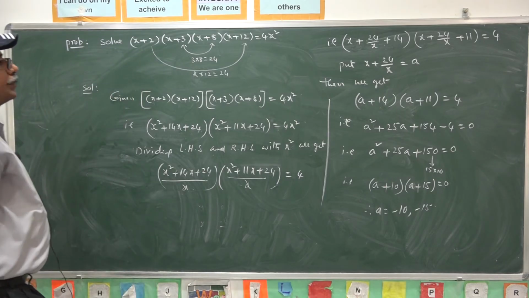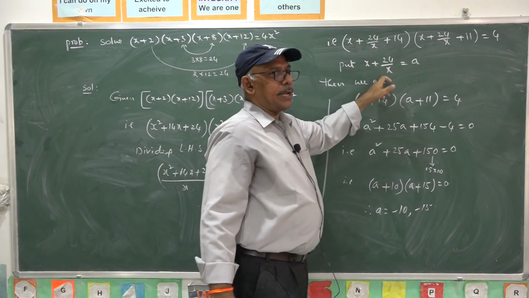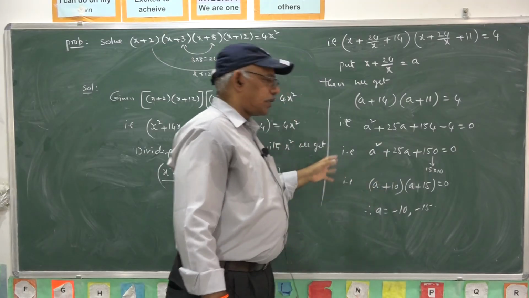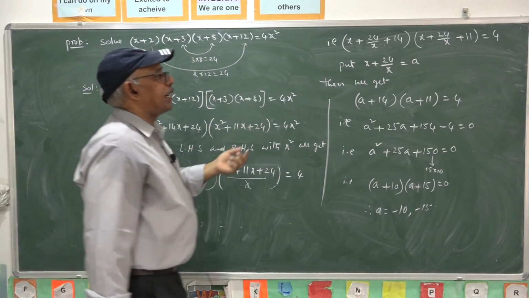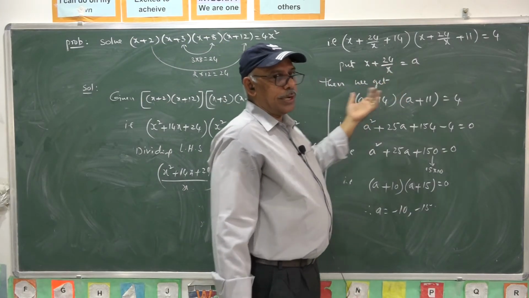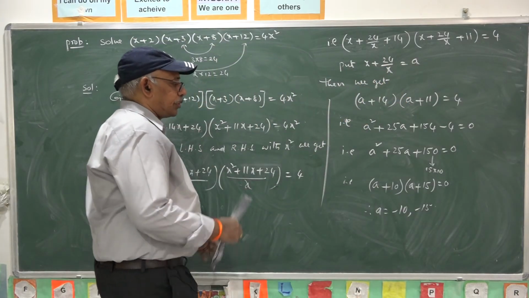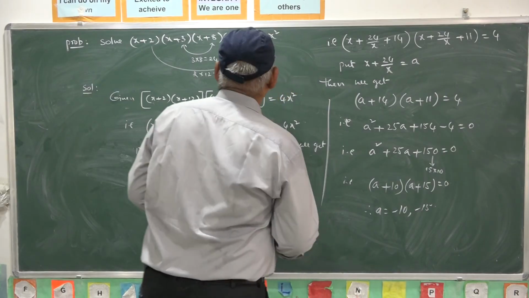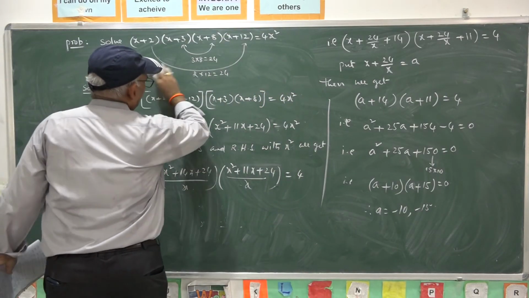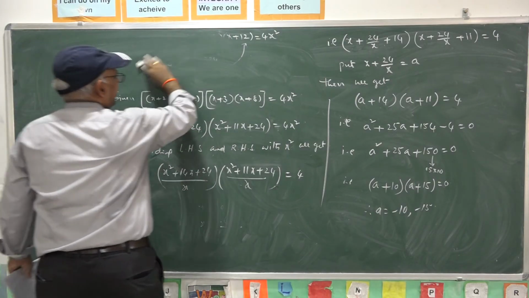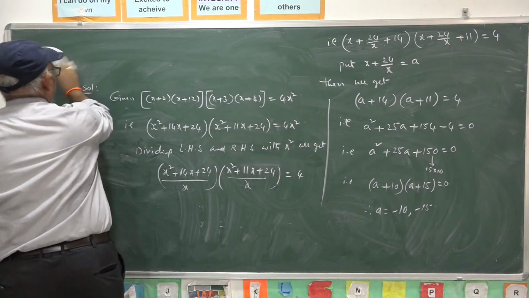But a is here x plus 24 by x. The problem is not finished here. We just found this a value, but we are in need of the x value, so equate this a.